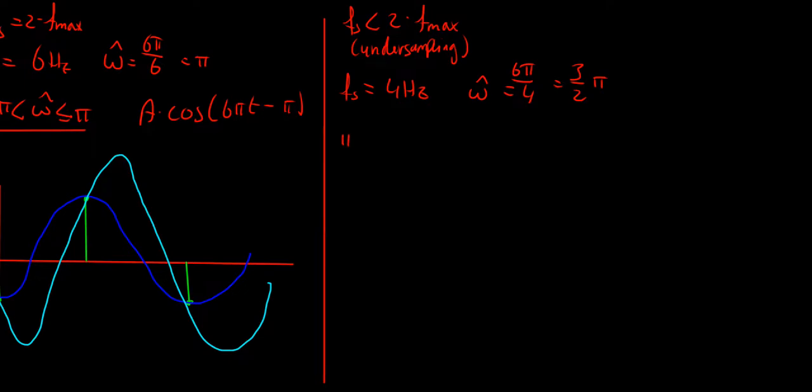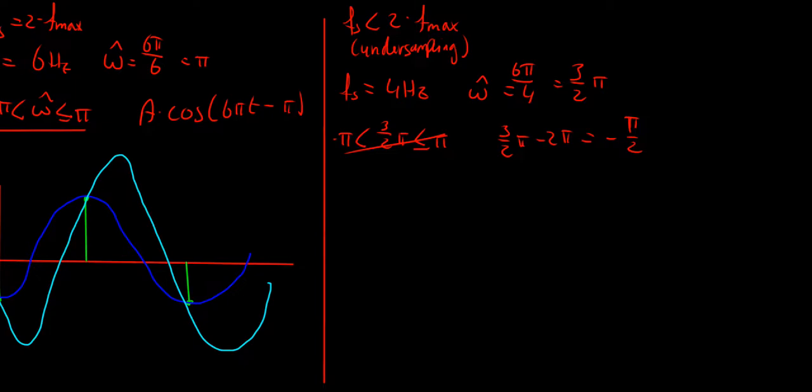Well, because 3 over 2 pi, or our omega hat, is not between these boundaries, we can actually subtract 2 pi from it. So we get 3 over 2 pi minus 2 pi, which is minus pi over 2.